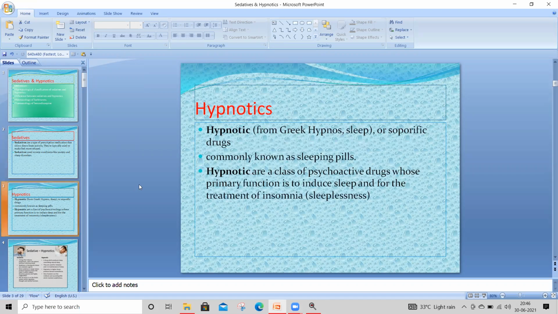Next, about hypnotics. Hypnosis means sleeping, and hypnotics are also known as sleeping pills. Hypnotics are used for the treatment of insomnia, or for inducing sleep.